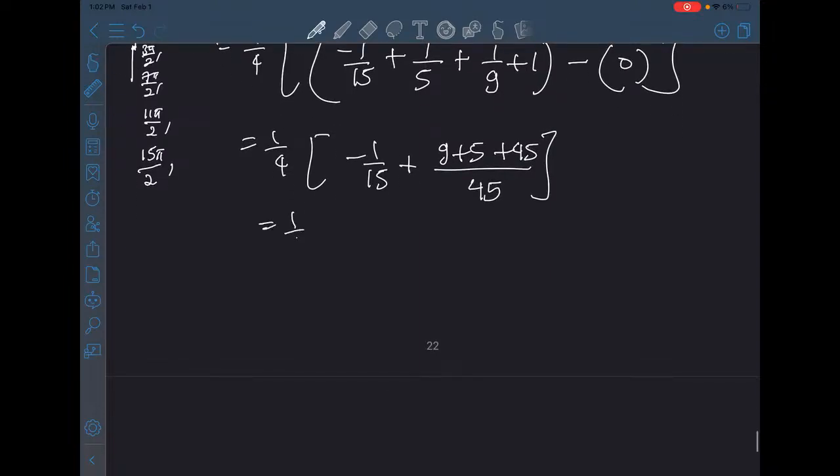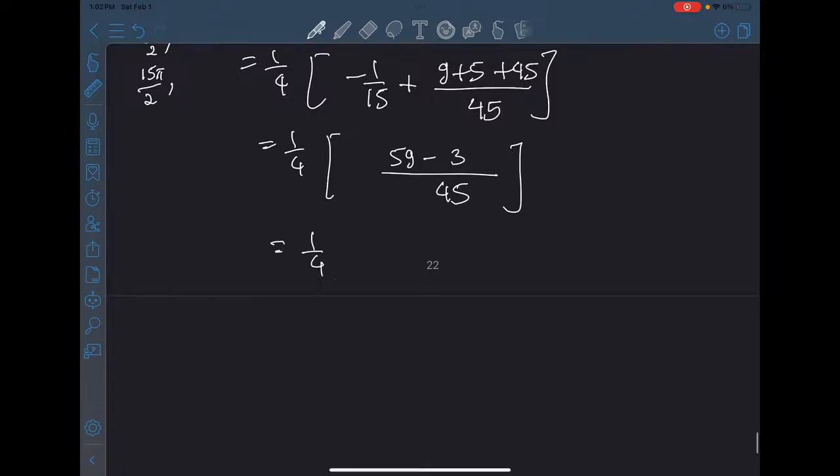And then 1 by 4, again LCM is 45. 45 plus 5 is 50, 59 minus 3. So that's 1 by 4 times 56 by 45, which is 14 by 45, and that's our answer.